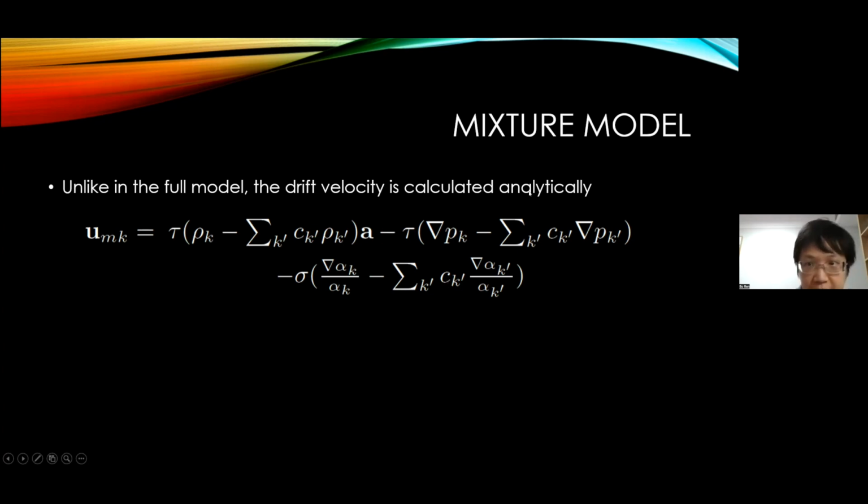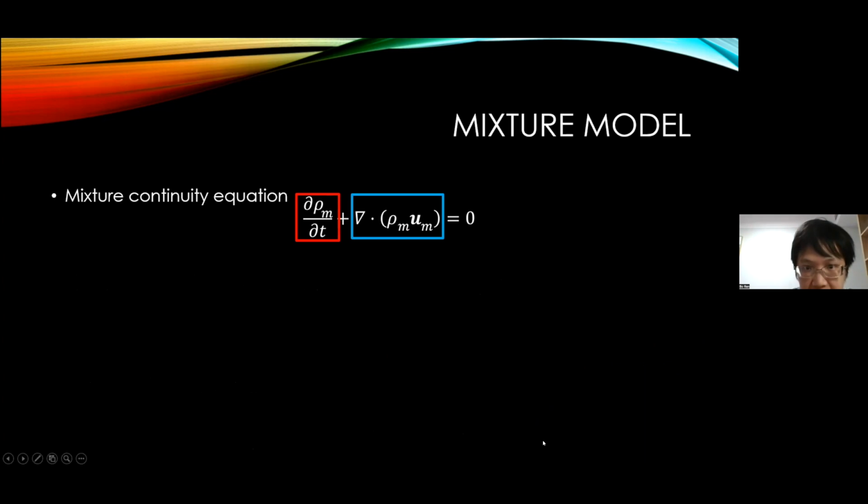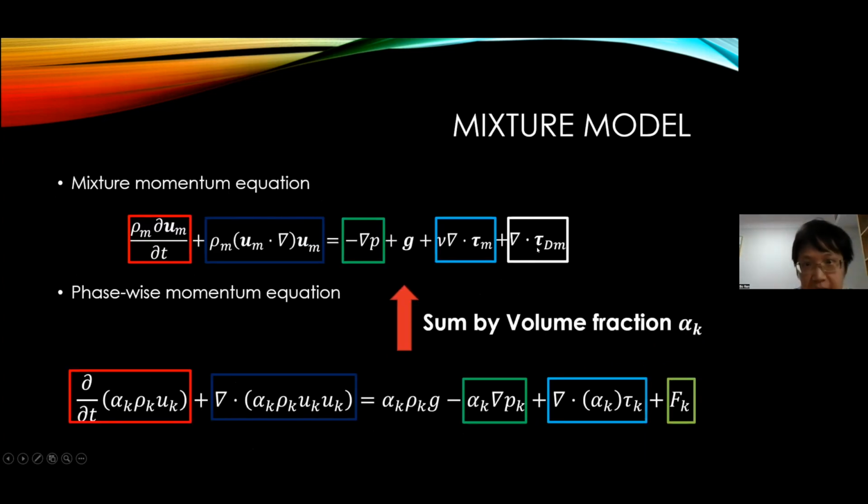So this drift velocity can be calculated analytically. And if we have it, we can use explicit solvers, as the most conventional SPH does, to solve these continuity equations and these momentum equations.